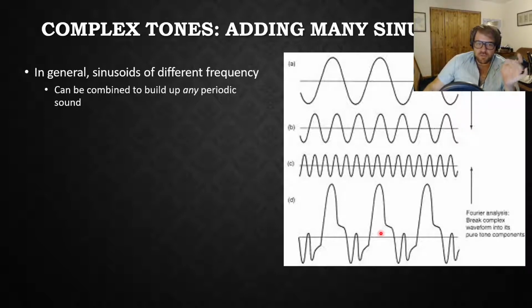A musical instrument, speech, the sound of animals, vocalizations. These can all be recreated because they're periodic, or they're at least quasi-periodic for portions of the sound, by sine waves. That's actually how synthesizers work.